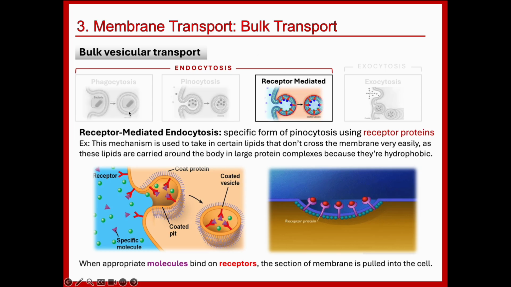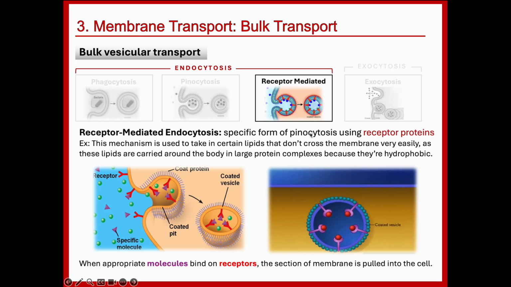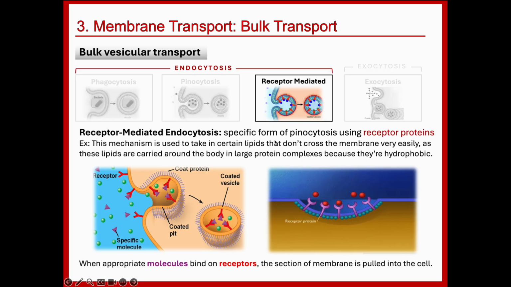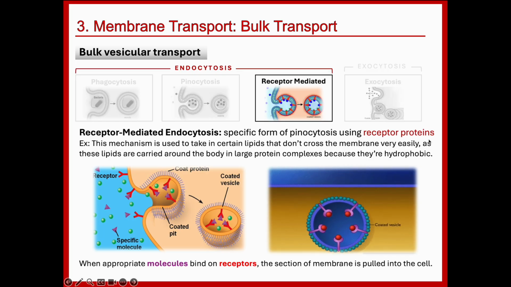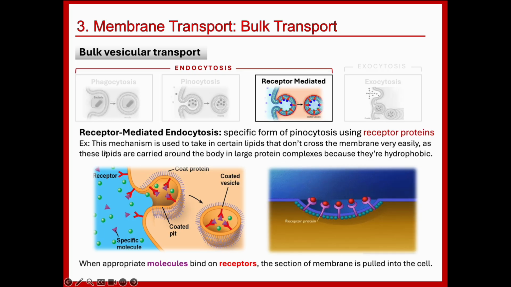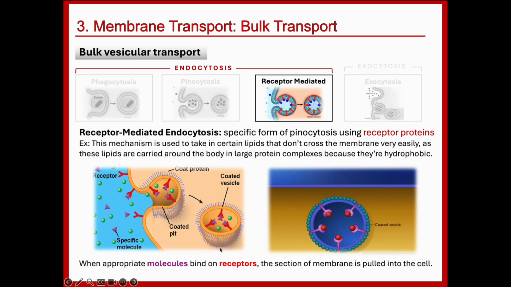And the third one in endocytosis is receptor-mediated endocytosis. So sometimes this is kind of like the two others, but this time a specific form of pinocytosis uses receptor proteins. So this is like one specific molecule. These purple molecules really want to get in, and they bind to these special receptors that'll bring them in, right?